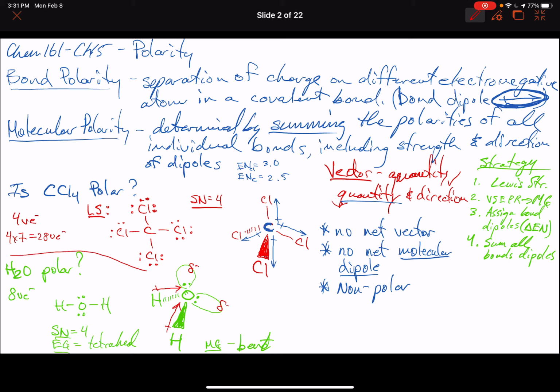Touching on what we did above, the next step was to consider how these bond dipoles would add to one another respecting quantity and direction to give us a net vector idea. So what do we think here? Well, we notice that both bond dipoles are pointing towards oxygen, and they would sum something like along this direction, along that dashed line. Imagine you and a friend both pushing at an angle on the same structure, like a fridge.